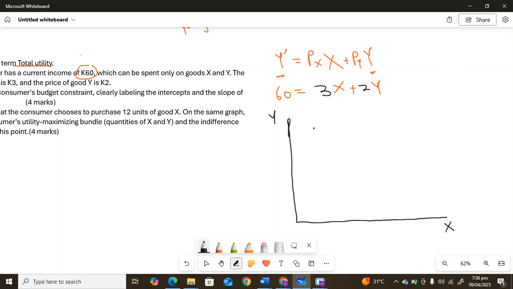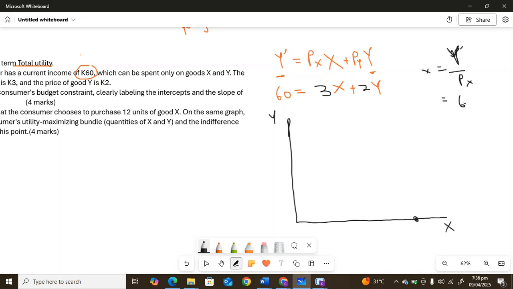Okay, so we need to get our x-intercept, basically when we only buy good x. Remember, the way we get our x-intercept is our income divided by the price of good x.